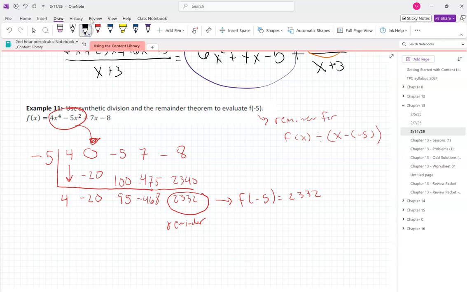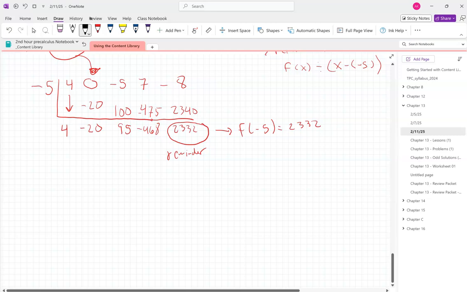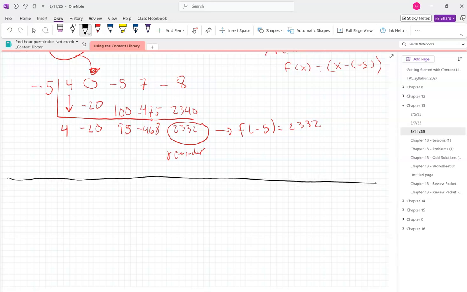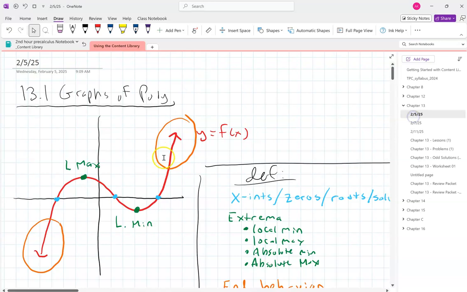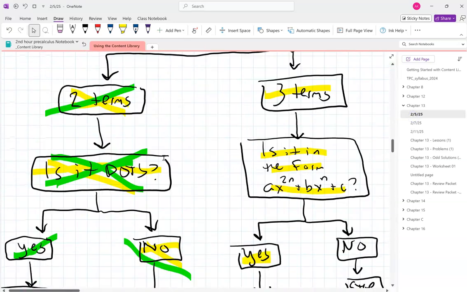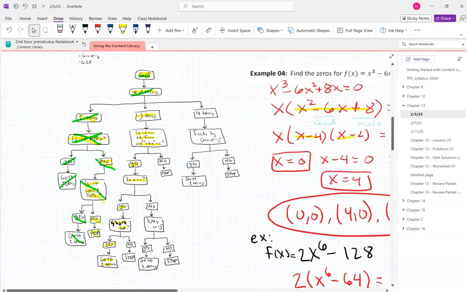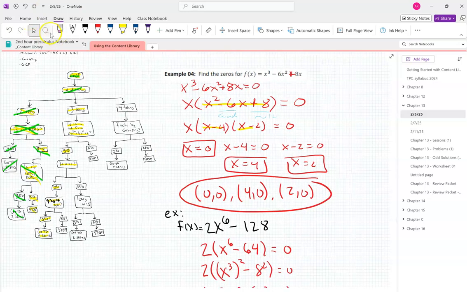Now, ideally, what have we been talking about before this point? We've been talking about factoring polynomials, right? If we go back and look at our factor tree, let me just grab that and copy that in real quick.